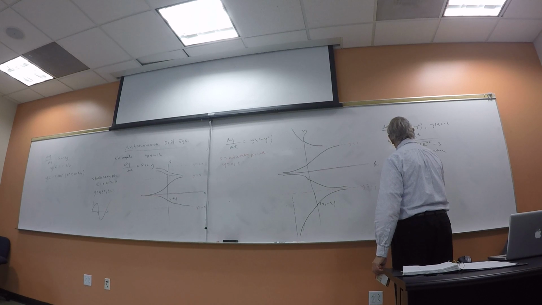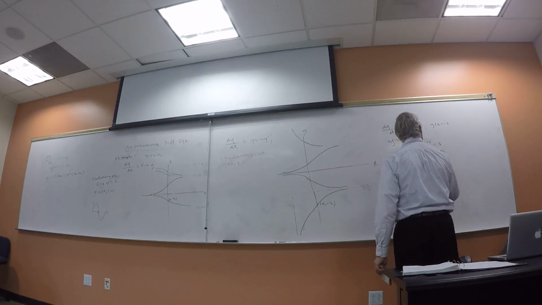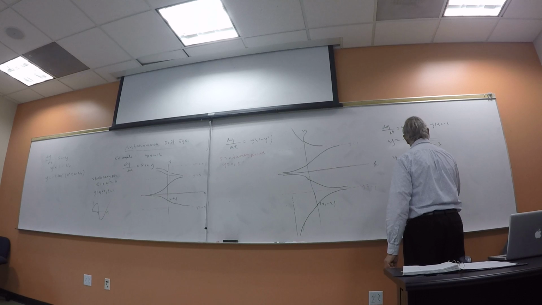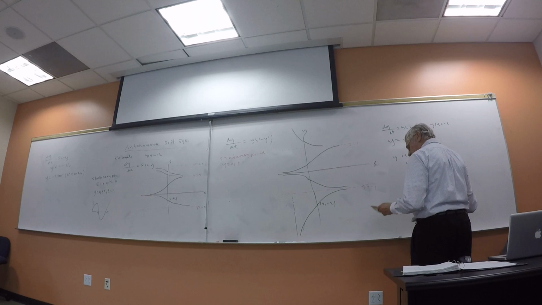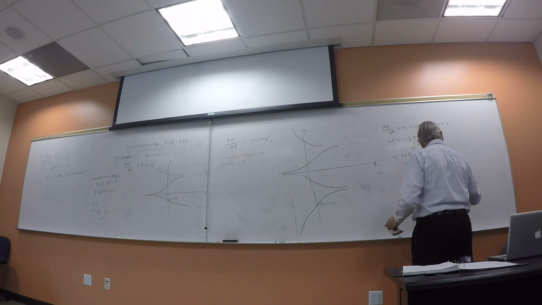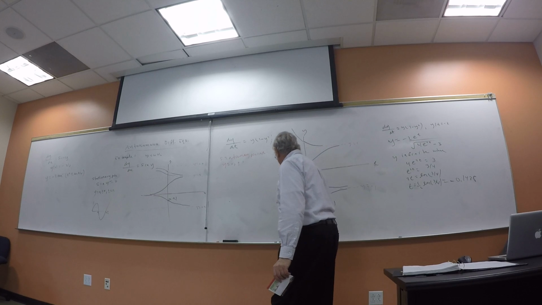So e to the 2t is equal to 3/4, right? 2t is equal to the natural log of 3/4, and then t equals 1/2 log of 3/4. And if you work that out numerically, it's about minus 0.1438. Okay? That's where this asymptote is.